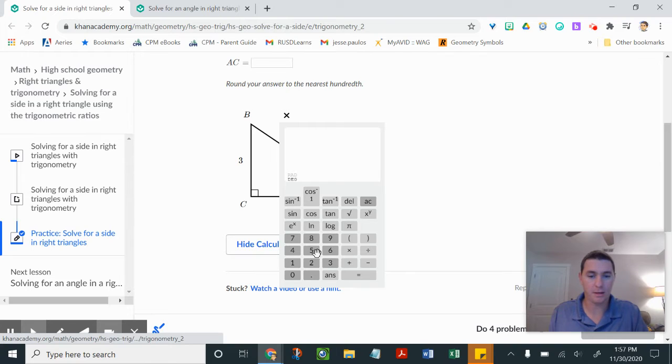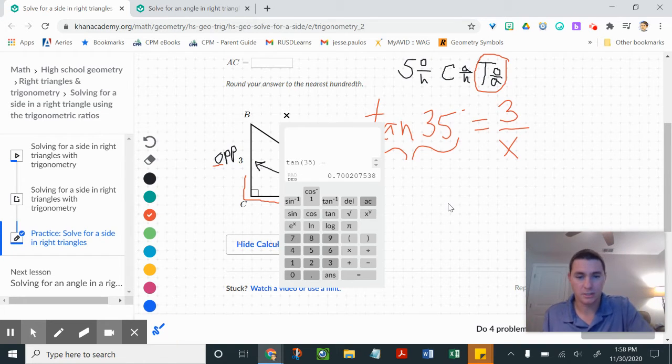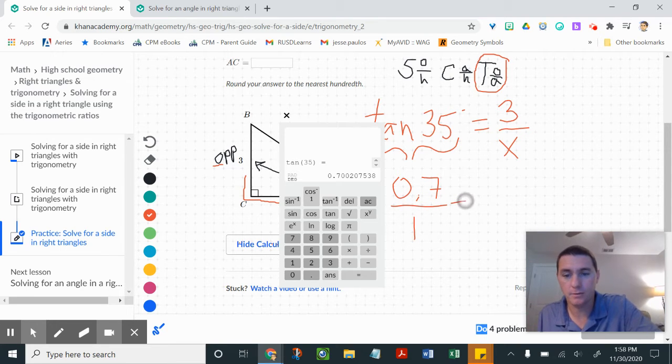Okay, and we type in tangent and then 35, and we close the parentheses and hit equals, and gives us this decimal, 0.700207538. Now I'm going to write that down as just 0.7 over 1, equals 3 over x.